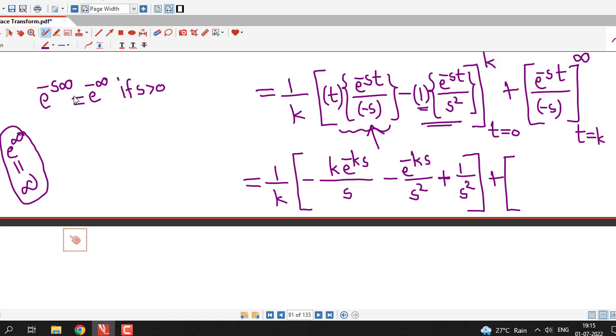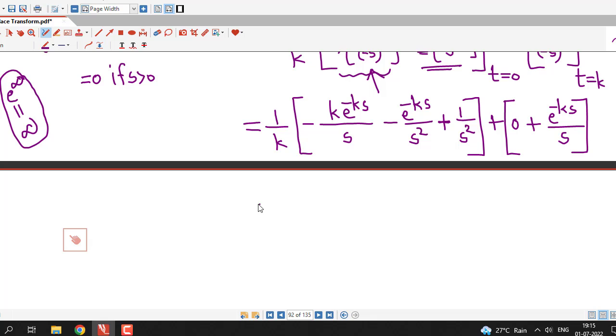So if s is positive, it is e raised to minus infinity, and that is going to be 0. So if s is positive, for the upper limit t equal to infinity, we will have 0. For t equal to k, we will have e raised to minus ks divided by minus s, and minus minus plus. So for t equal to k, we have e raised to minus ks divided by s.